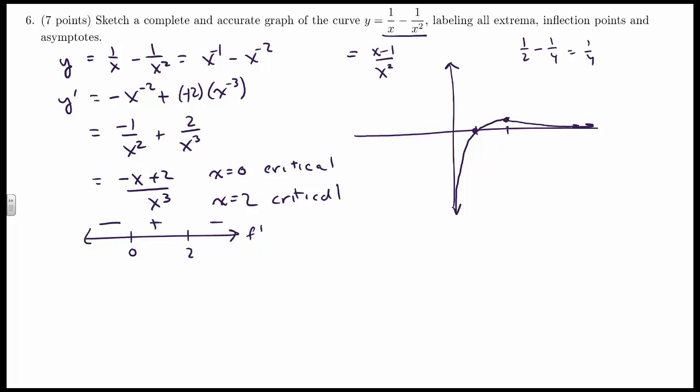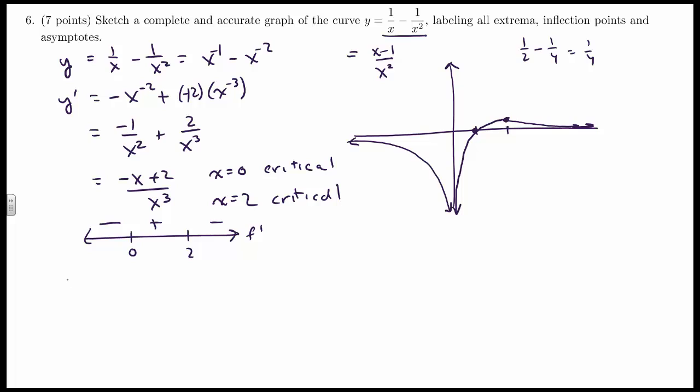This is negative there. Because when x is negative, this turns into a positive, but the bottom is always negative. So it's negative. So we've got a decreasing behavior. We know that it's got an asymptotic behavior toward 0 and toward there. So I think what we got there is something like that.